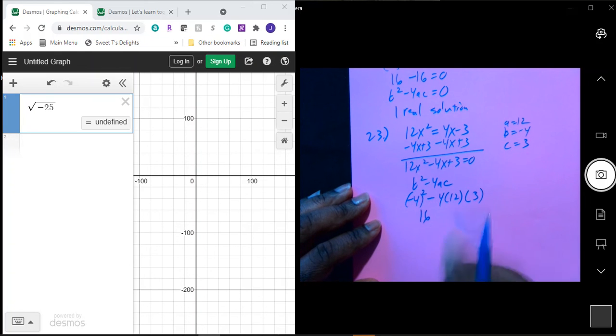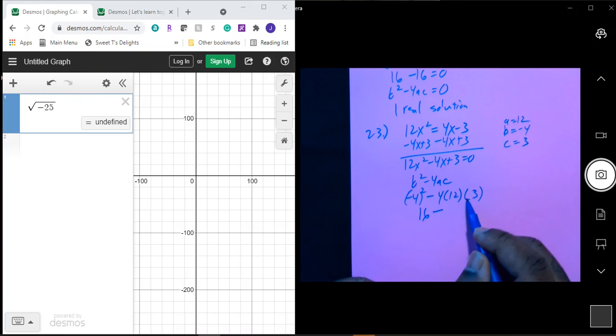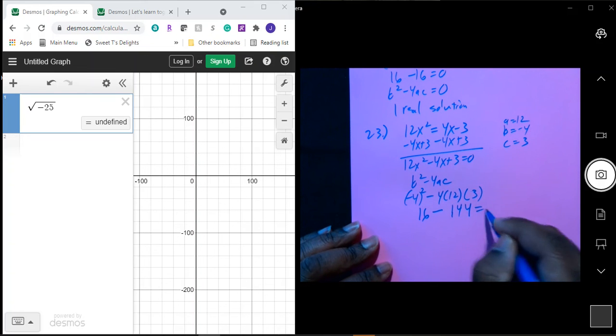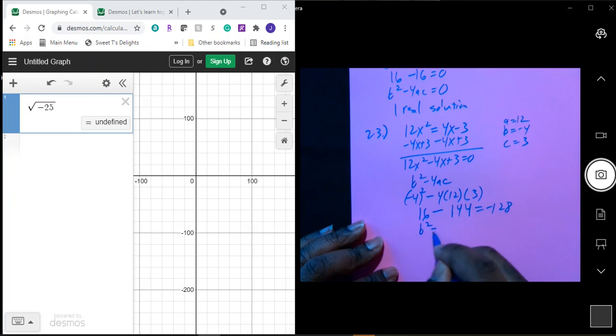Negative 4 squared is 16. 4 times 12 is 48, and 48 times 3, let me see, oh, it'd be 144. So 16 minus 144 is negative 128. So our discriminant, b squared minus 4ac, is equal to negative 128.